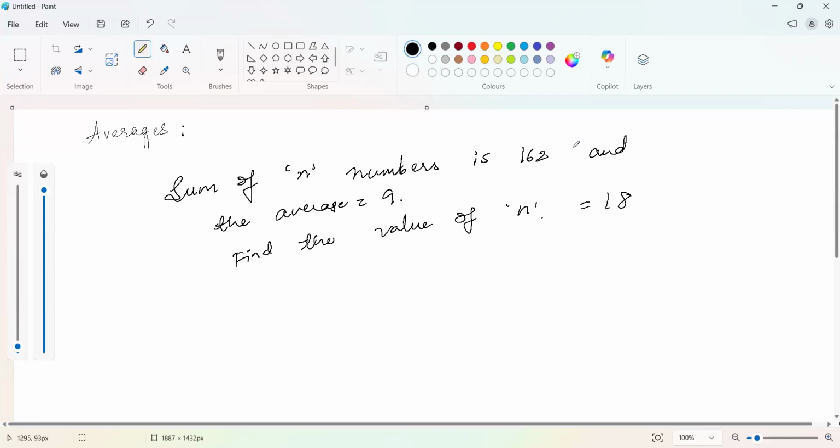You just need to divide the sum by average. Finished? All of you got 18?